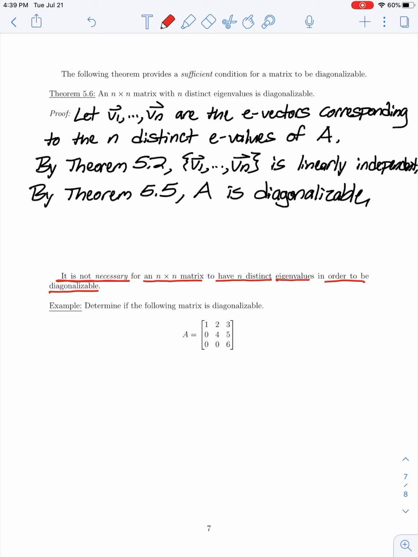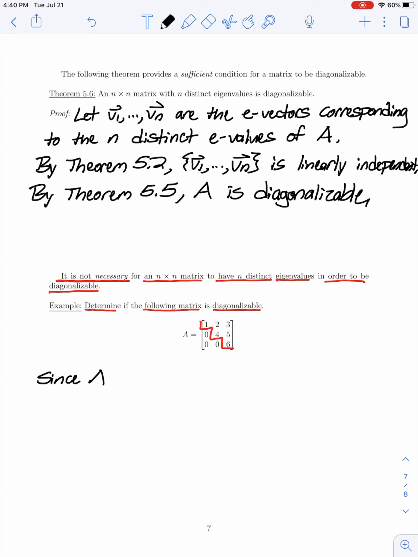So making use of this theorem, let's consider the following problem. We're asked to determine if the following 3 by 3 matrix is diagonalizable. And we notice here that A is a 3 by 3 matrix which is upper triangular. All of the entries below the main diagonal are 0. Recall that the eigenvalues of a triangular matrix are just its diagonal entries.